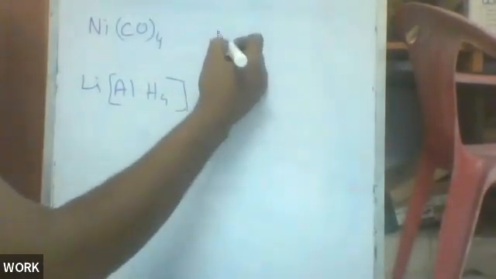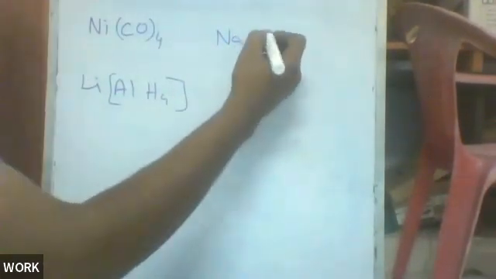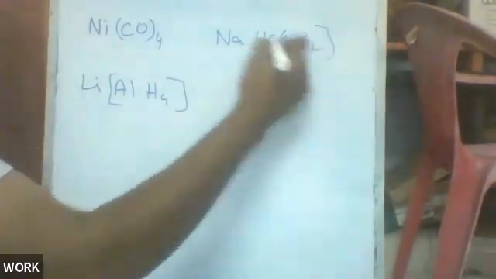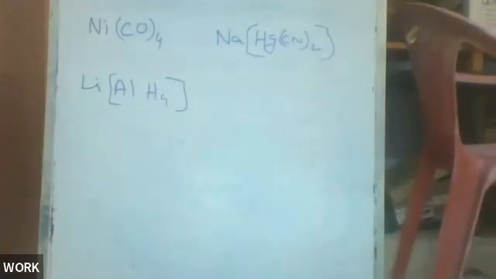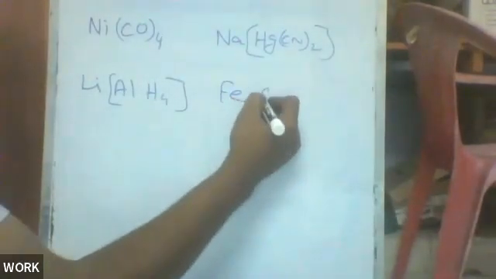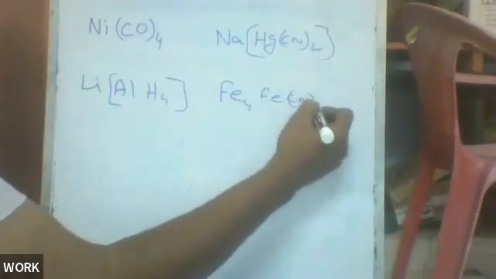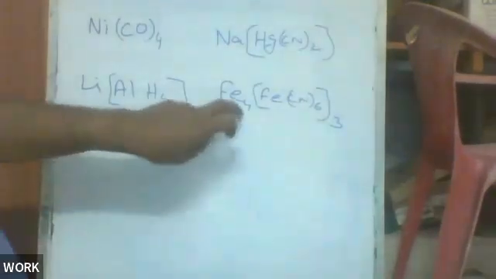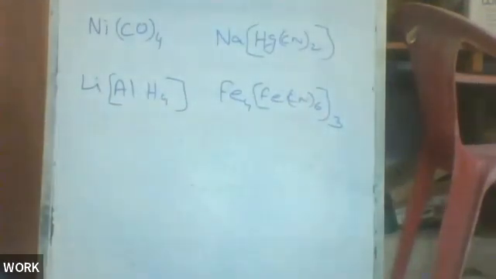Take sodium mercury cyanide. What is the oxidation state of mercury? And also you tell me what this is, this is called ferrocyanide, Prussian blue otherwise. You tell me the first one.